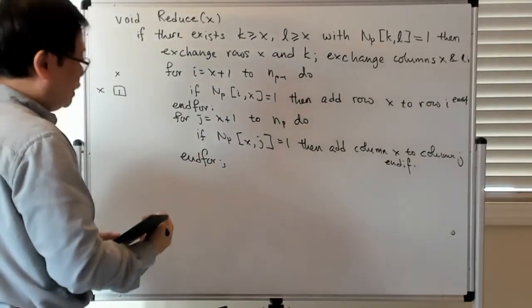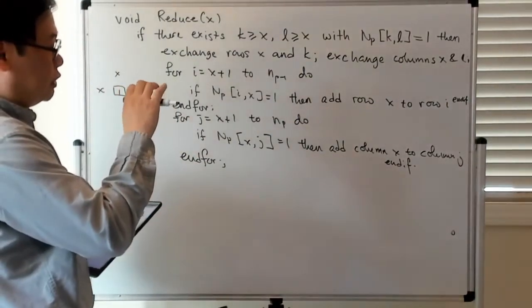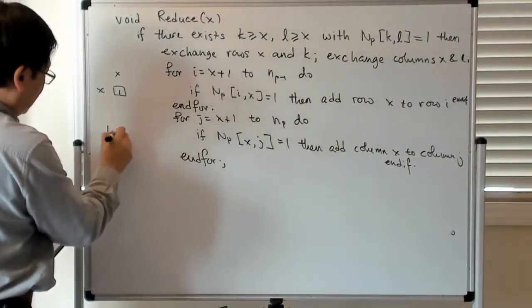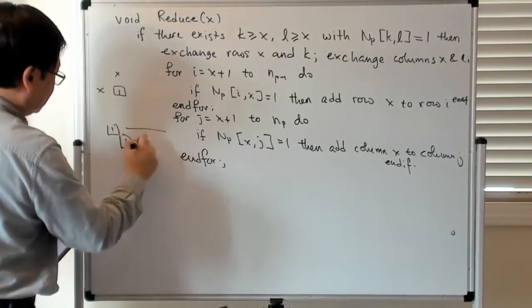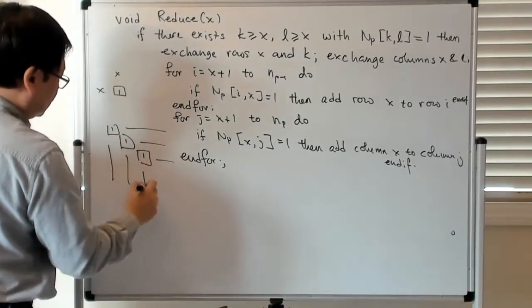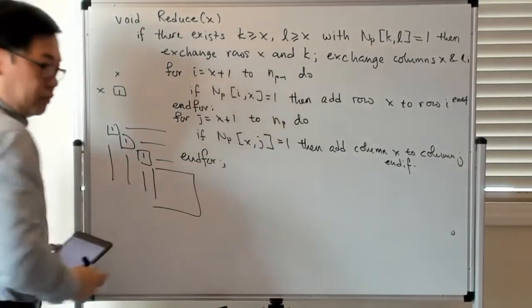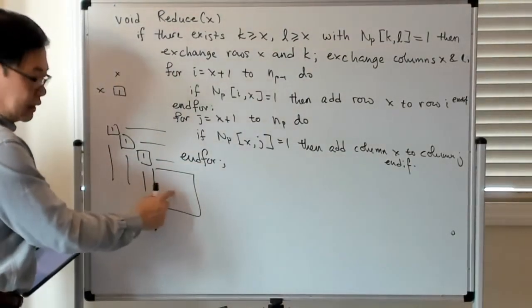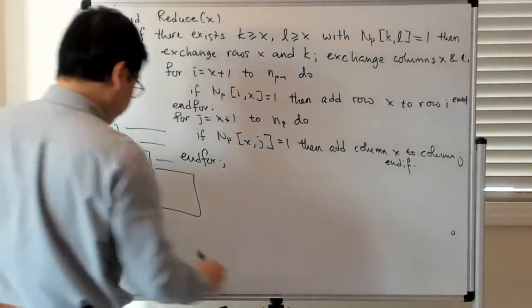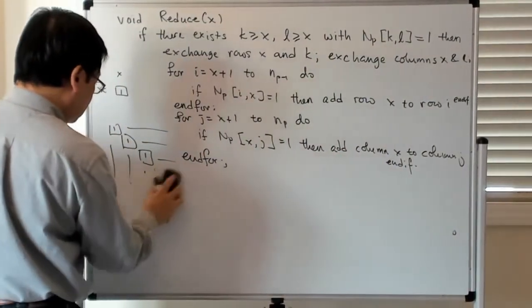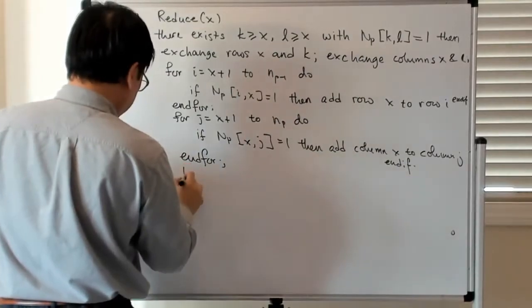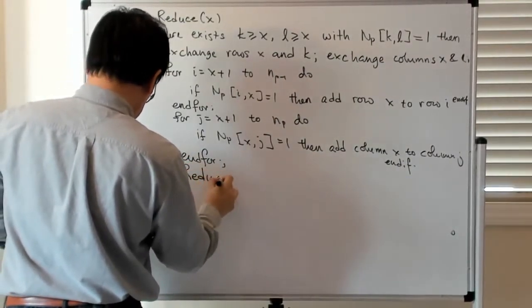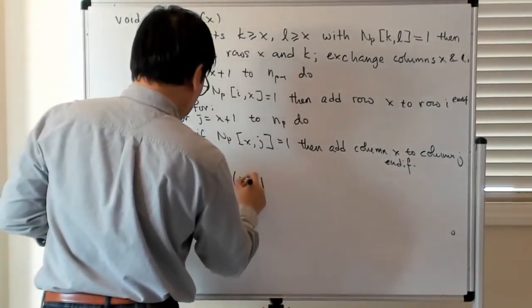Then once you've done that, you're in a situation where you have potentially a bunch of ones and then zeros here, and then there's this block you have to work with. So you recurse on this block now. You reduce, x plus 1.